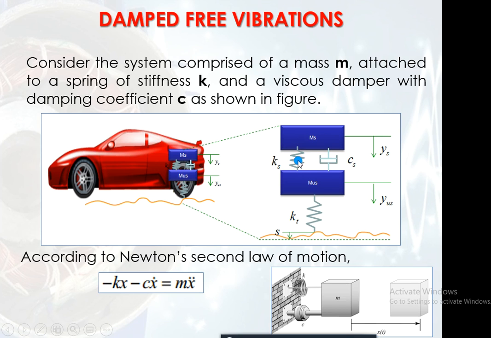And these are the suspension system stiffness and damping parameters, and finally these are the supports, and this is the tire and wheel. For the sprung mass, the stiffness and damping elements are represented as Ks and Cs, while for the unsprung mass, the stiffness element is represented as Kt.